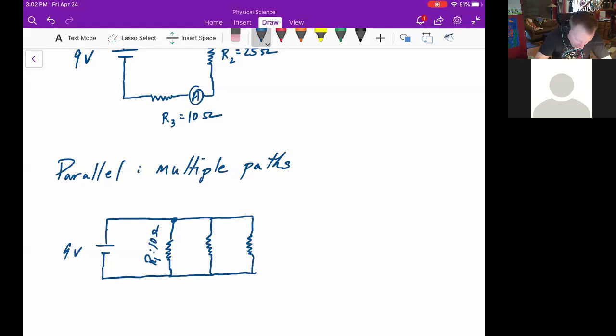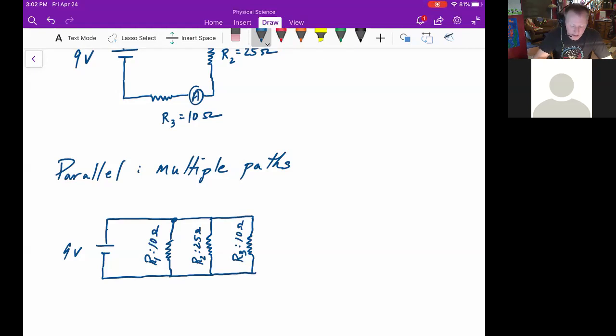So here's my R2, which was 25 ohms, and my R3, which was 10 ohms again. I also want you to add 1 voltmeter making a measurement in here and an ammeter making a measurement across one of the resistors or coming out of the battery.